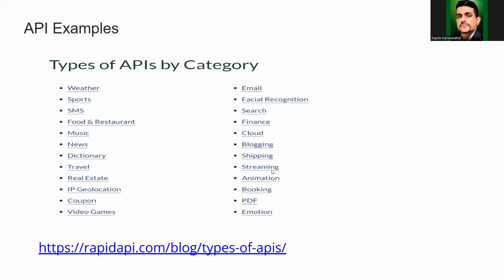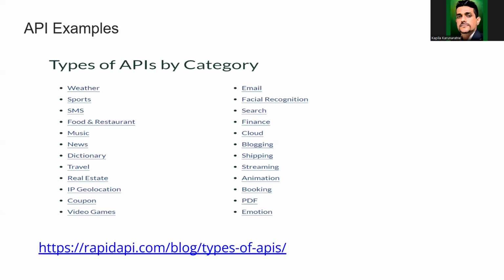Okay, so these are a set of public APIs that can be found on the internet. If you want to see weather reports, there are many APIs. If you want sports information, like football, there are many sports APIs. Also food and restaurants, music, dictionary, even search engines, there are many open APIs.